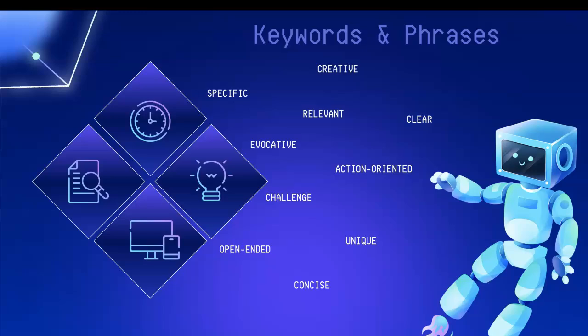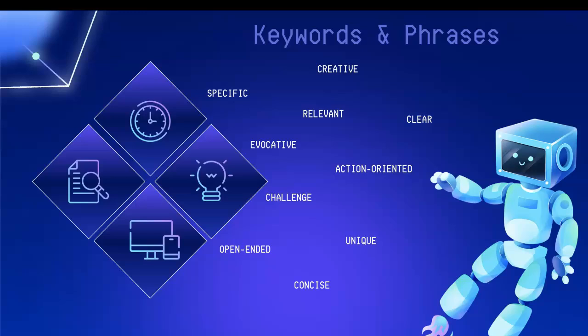It should be relevant to the outcome that you want, such as the type of writing, the style, or the tone that you're looking for. An evocative prompt will encourage the AI to create imagery, emotions, and vivid descriptions. And we're going to see more of that in Module 2 when we're looking at art.